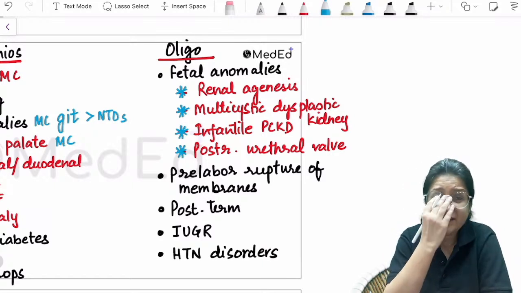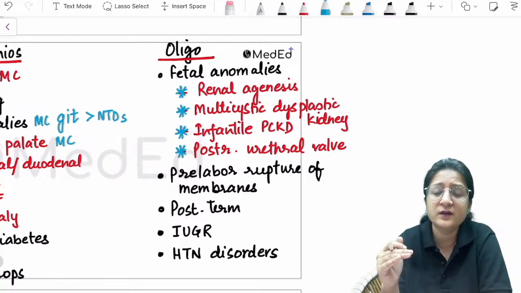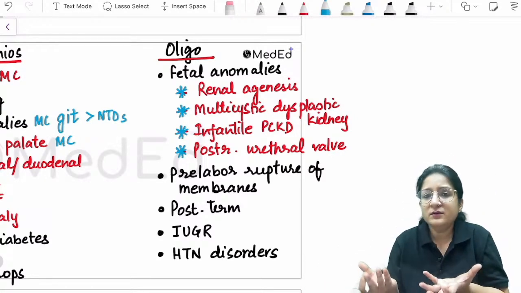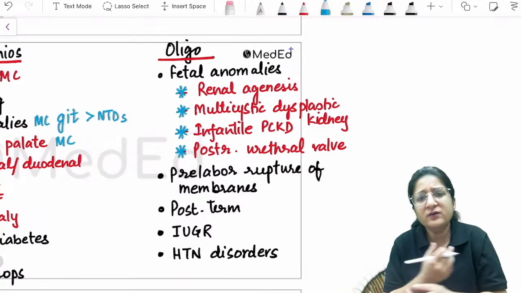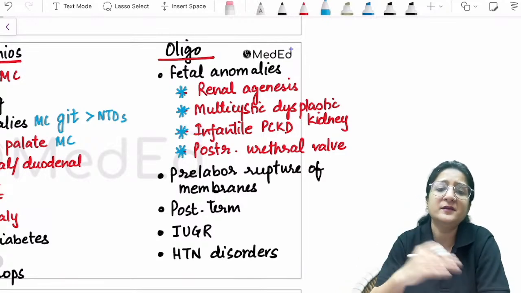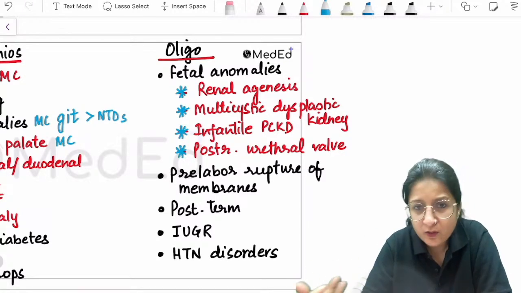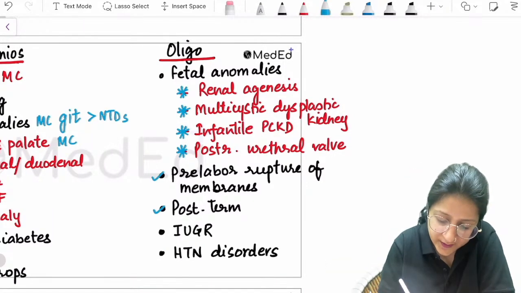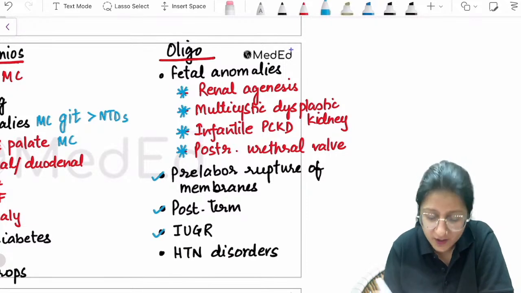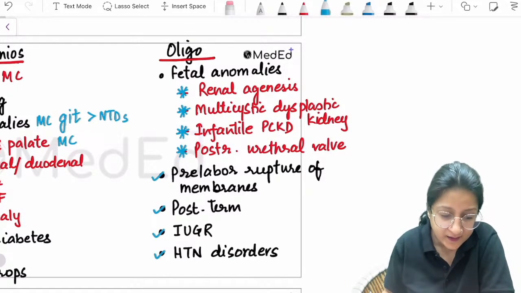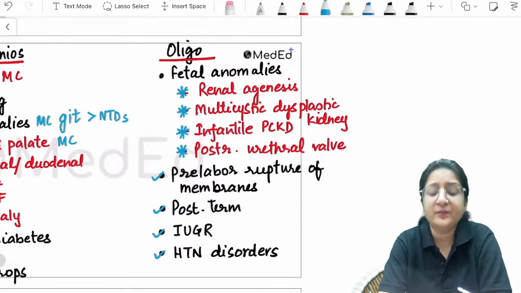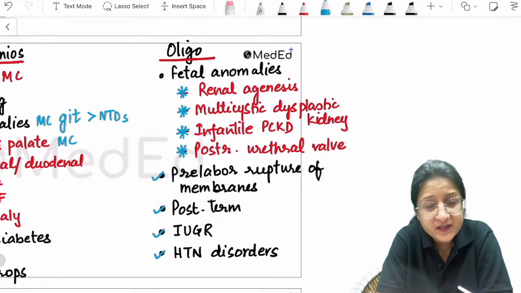If there's a posterior urethral valve because of which the urine cannot come out, then it will also lead to oligohydramnios. Or let's say that the membranes have already ruptured and all the amniotic fluid has leaked out. Postpartum is another cause, right? Growth restriction, IUGR, hypertensive disorders, they are also causes of oligohydramnios, right? So remember these causes.